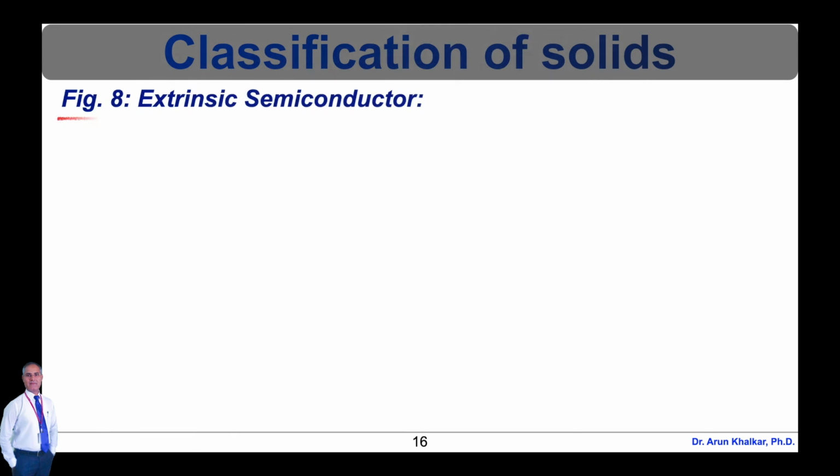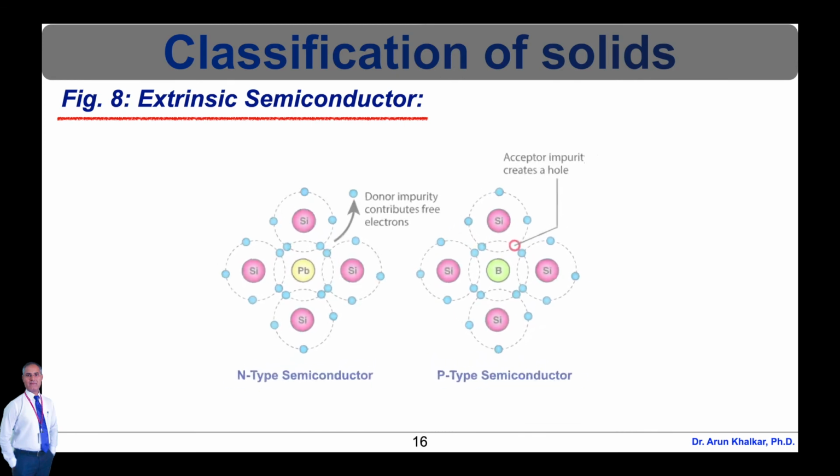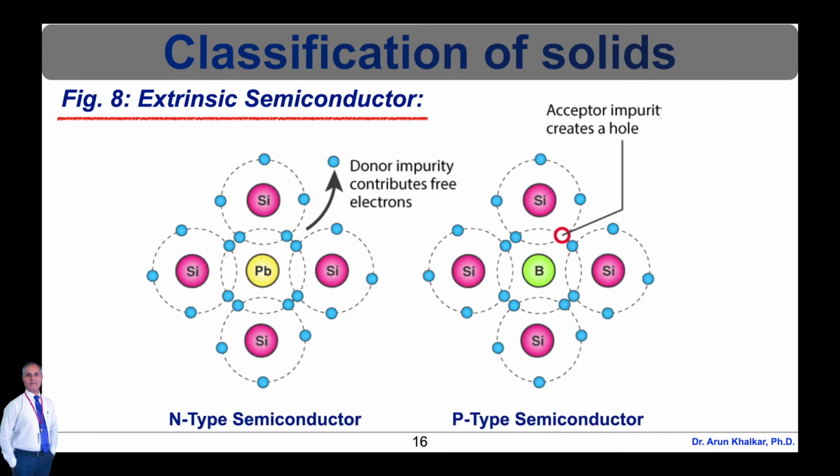Now let's see the extrinsic semiconductor. The conductivity of semiconductors can be greatly improved by introducing a small number of suitable replacement atoms called impurities. The process of adding impurity atoms to the pure semiconductor is called doping. Usually, only one atom in 10 raised to 7 is replaced by a dopant atom in the doped semiconductor.